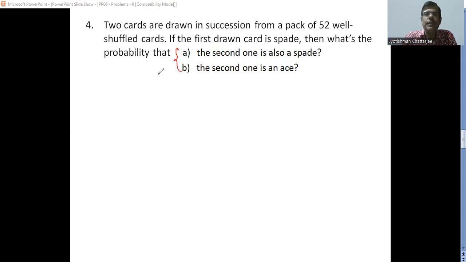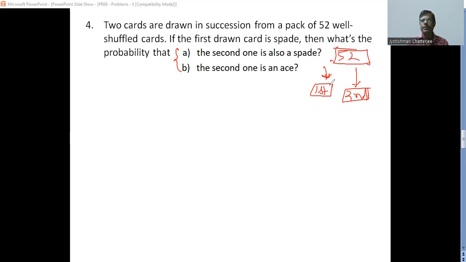Now, I want you to observe something out of this exercise that will be helpful for solving other problems. Let me bring it out systematically. This experiment has got two components or two parts. First part is drawing the first card and then drawing the second card out of that 52 card deck.